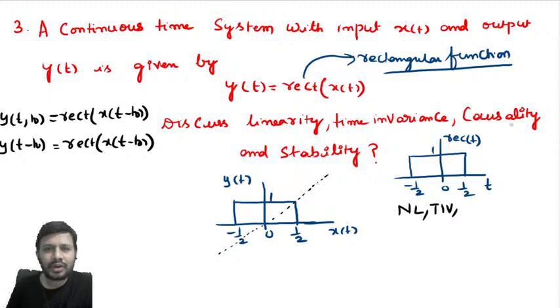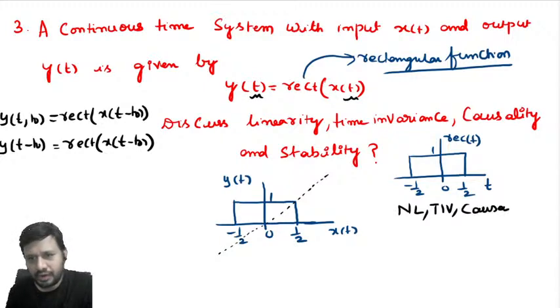Causality. Causality means output at any time instant must depend on present and past values of input, but not on future. Observe here, y of t, x of t is there. So this is causal. Stability. Bounded input must produce bounded output. If you take any bounded input here, rect of that will always lie between -1 and 1.